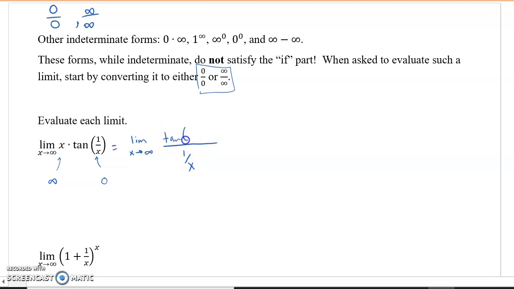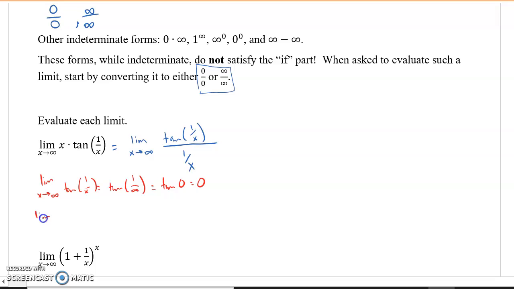Think about what we just did here. Dividing by 1 over x is the same thing as multiplying by x, but we've made it so that the denominator heads towards 0, just like the numerator, okay? So if we're going to ask the question, is this a L'Hopital situation, we're going to say the limit as x approaches infinity of the tangent of 1 over x equals the tangent of 1 over infinity, which is equal to the tangent of 0, which is 0.